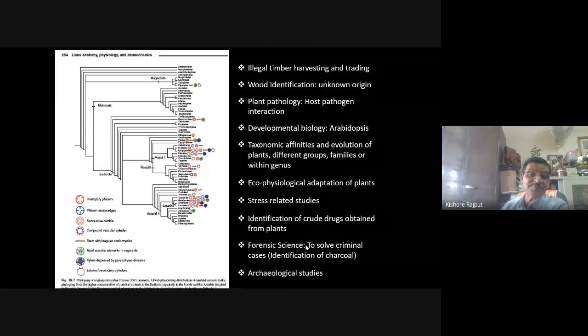Okay, and that comes from the work of a Brazilian group, my colleagues, Veronica and her research team. There are several families they have worked out, and using anatomical characters, they have generated this phylogenetic tree, which is almost 99% matching with your APG classification.